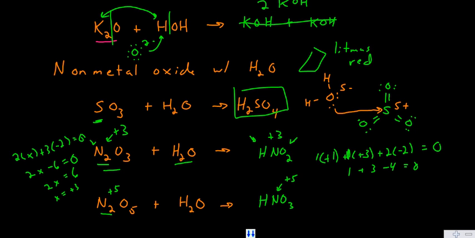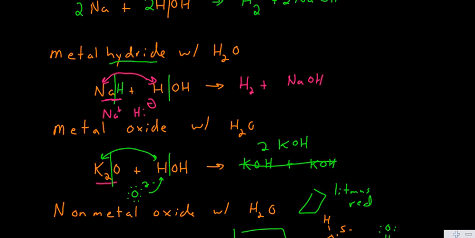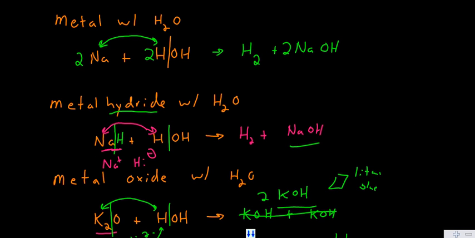But what about these other cases? Well, if you put it in a solution of, say, potassium oxide in water, that would give a potassium hydroxide. That's a base, so your litmus paper would be blue, because you would have a basic solution. Similarly for metal hydrides, and similarly for just metals with water.